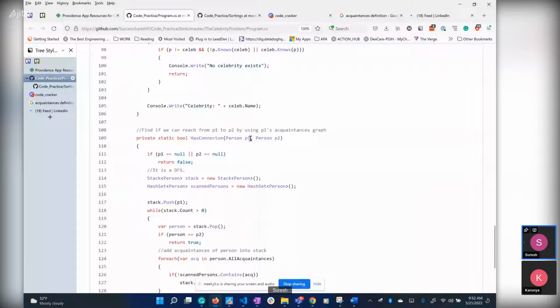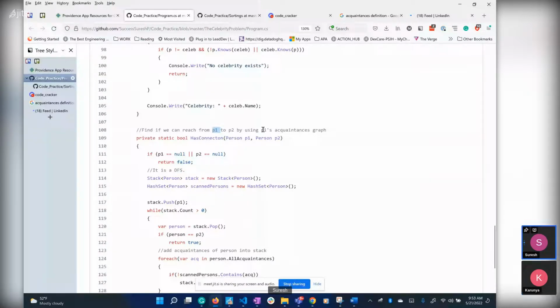Acquaintances means the friends of P1. So I will tell you two people in LinkedIn, Suresh and Karanya, and we will loop through the friends of Suresh and friends of those friends, and so on. Finally, if you're able to reach P2, then it will return true.